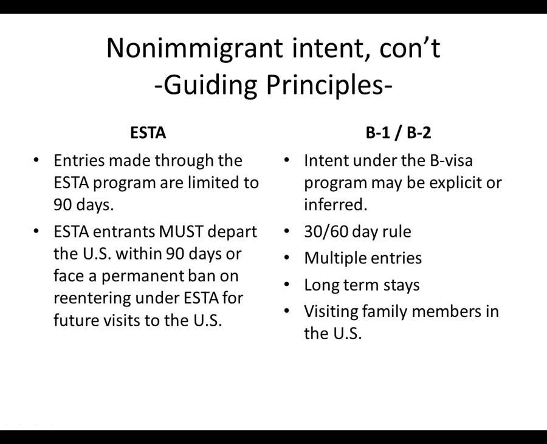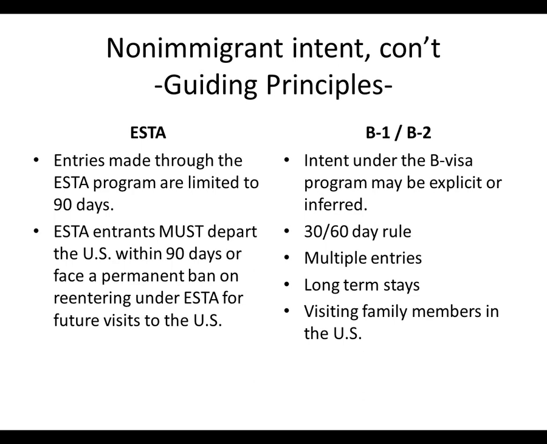Now for a little bit more in-depth on non-immigrant intent. So we've broken this up into ESTA and B1, B2 for the purposes of clarification, because they have different operational rules. But for both ESTA travel and for B1, B2 entries to the United States, you're not allowed to have immigrant intent.